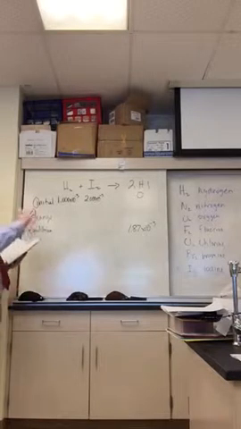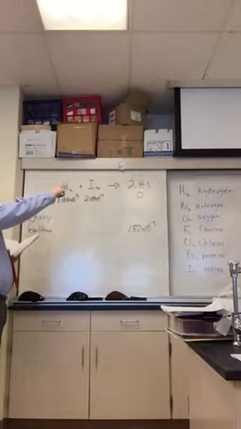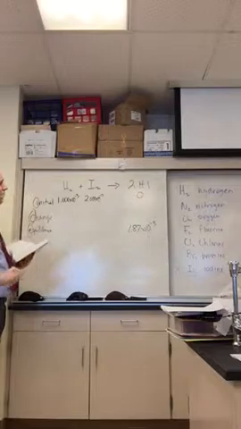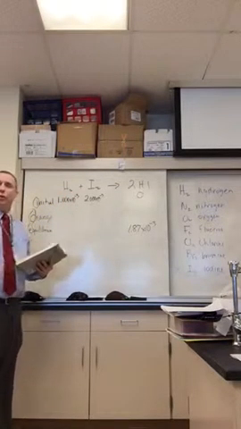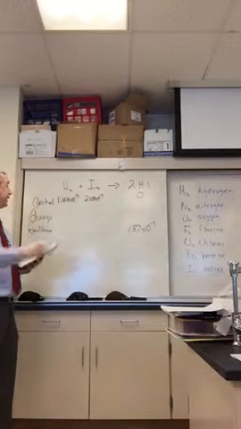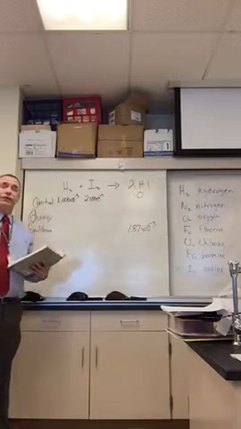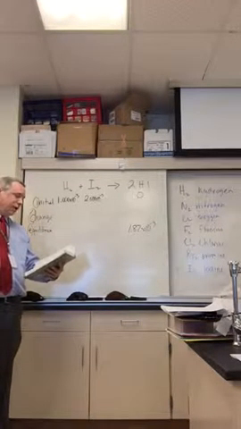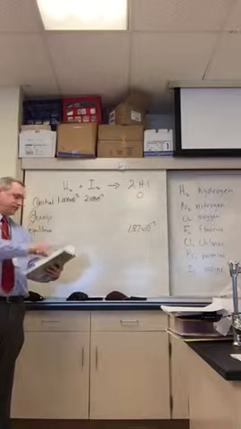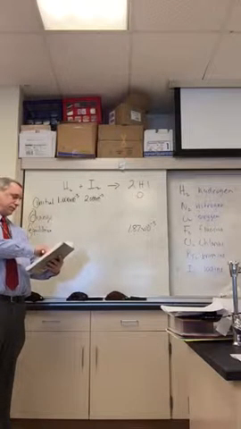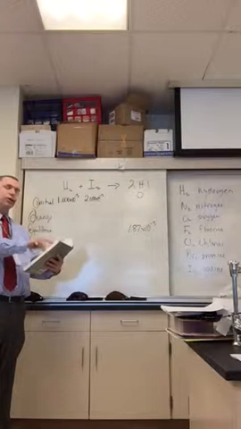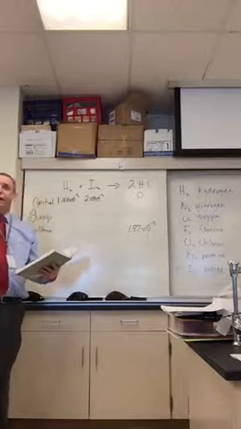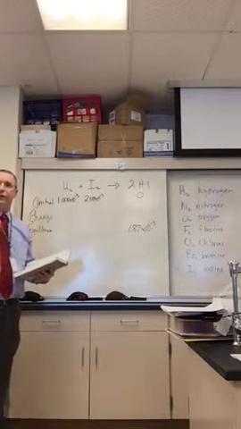So, if I know that the HI has gone from 0 to 1.87 times 10 to the negative 3, and I know the initial concentrations of my two reactants, I can do something with this. What they want to do is calculate Kc at the temperature that this reaction is occurring in.